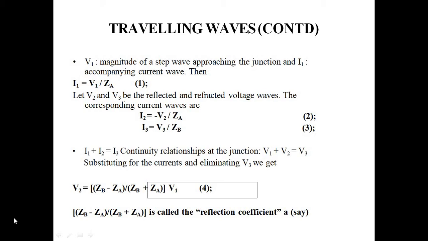Substituting for the currents and eliminating V3, we get V2 is equal to ZB minus ZA divided by ZB plus ZA into V1. Then ZB minus ZA divided by ZB plus ZA is called the reflection coefficient.